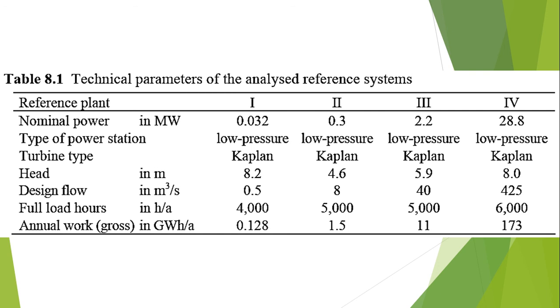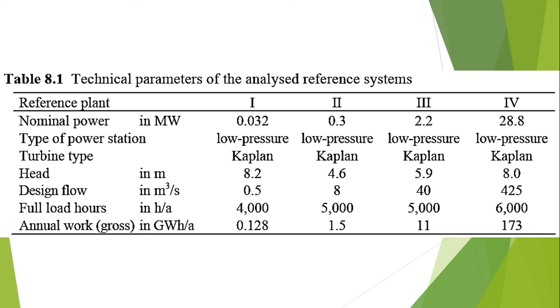The headwater channel will lead directly to the power station. The electrical energy generated by the Kaplan turbine, connected by the transmission to the synchronous generator, is fed into a medium voltage grid near the power station via a transformer.